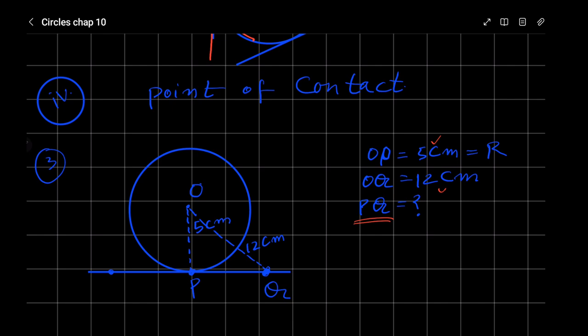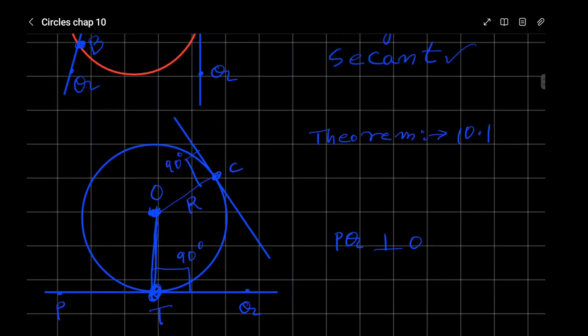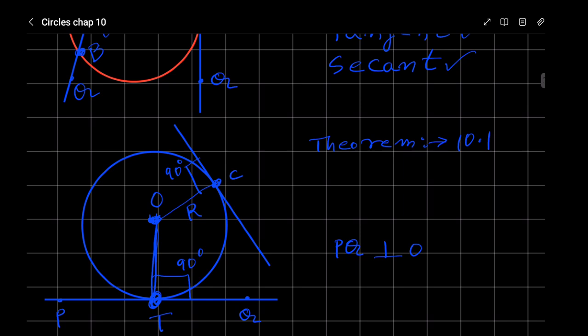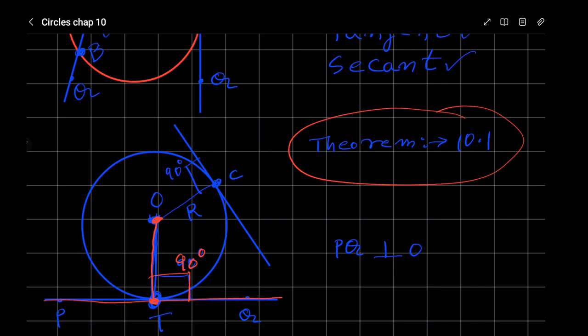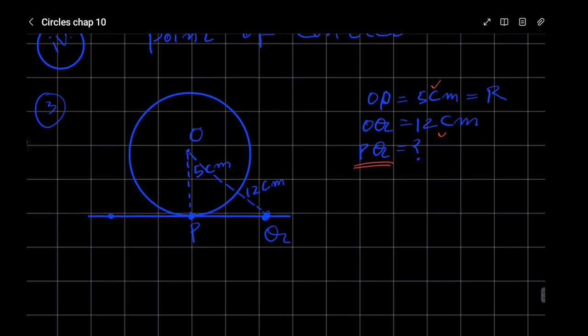First of all, we have also read one property or theorem of the tangent to the circle: if we draw a line from the center of the circle to the point of contact of the tangent, it's always 90 degrees. So we have to apply that theorem here.